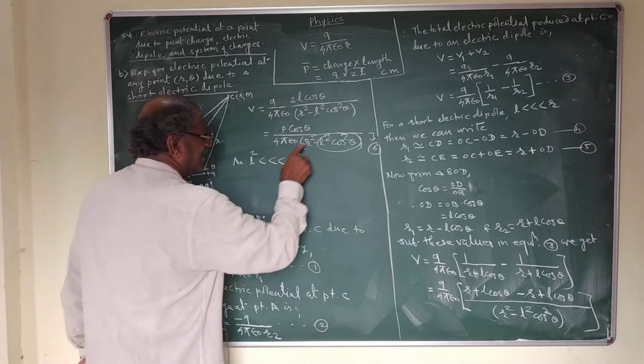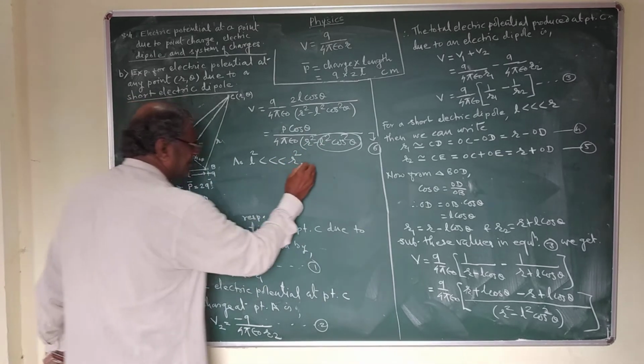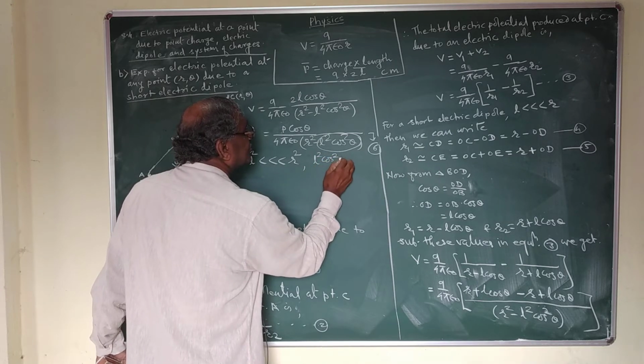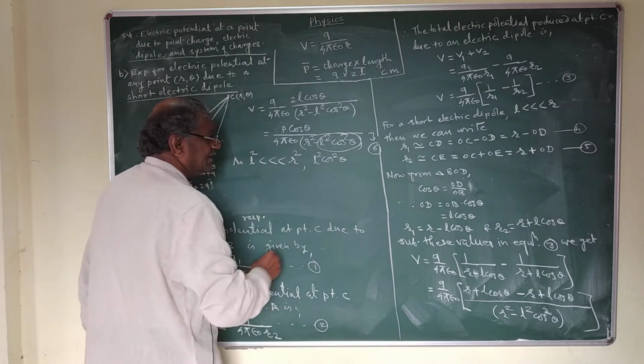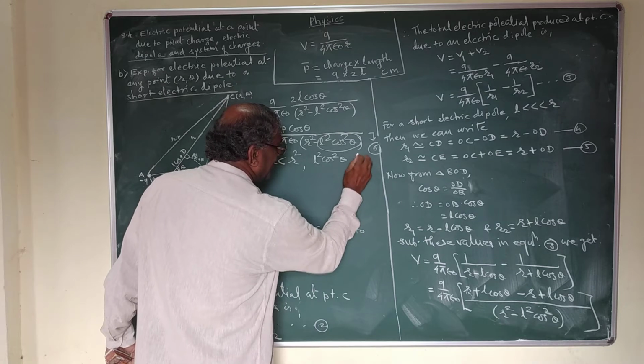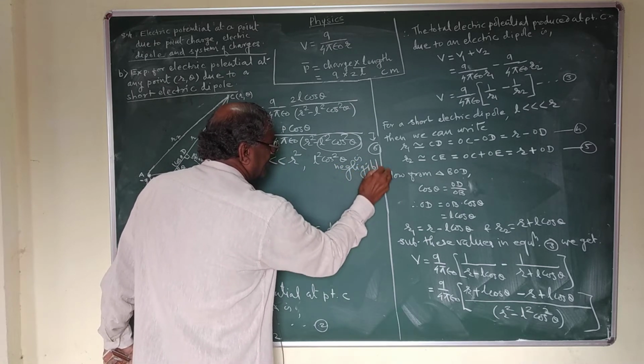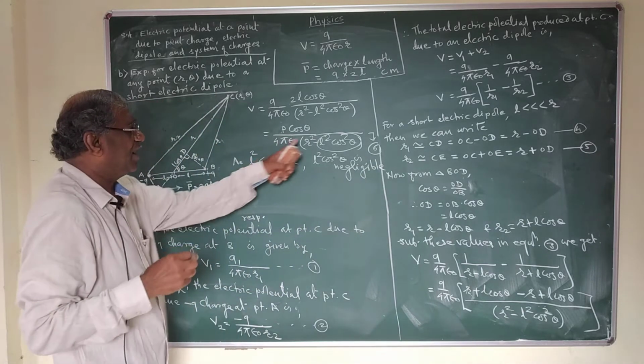Hence L square cos square theta is negligible as compared to R square.